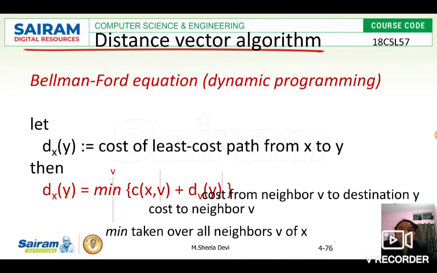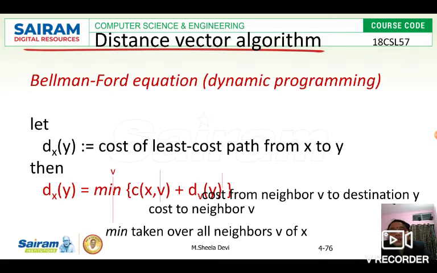If at all any other path exists and its cost is lesser than the direct path, then you can update it in the routing table. If it is not lesser, then let the old cost stay in the routing table. That's what is said in the distance vector routing.